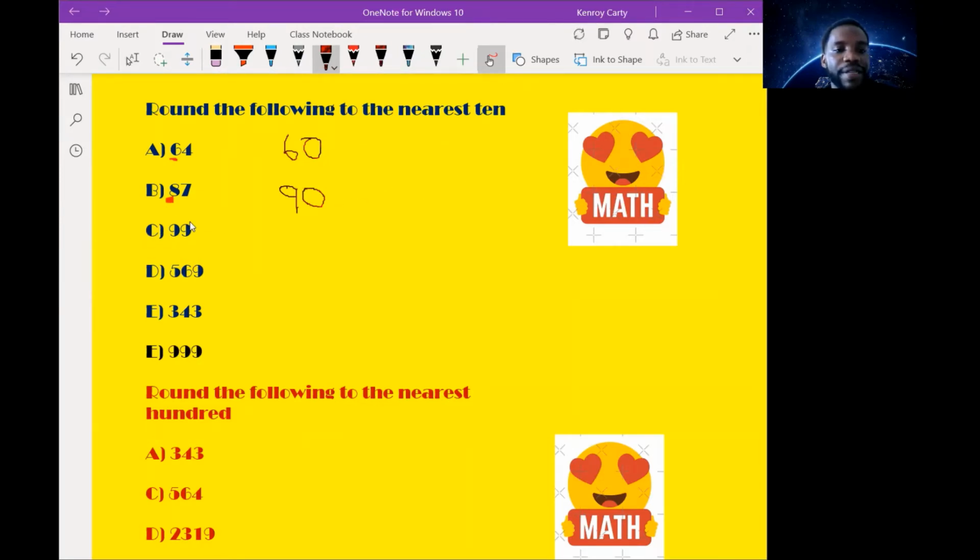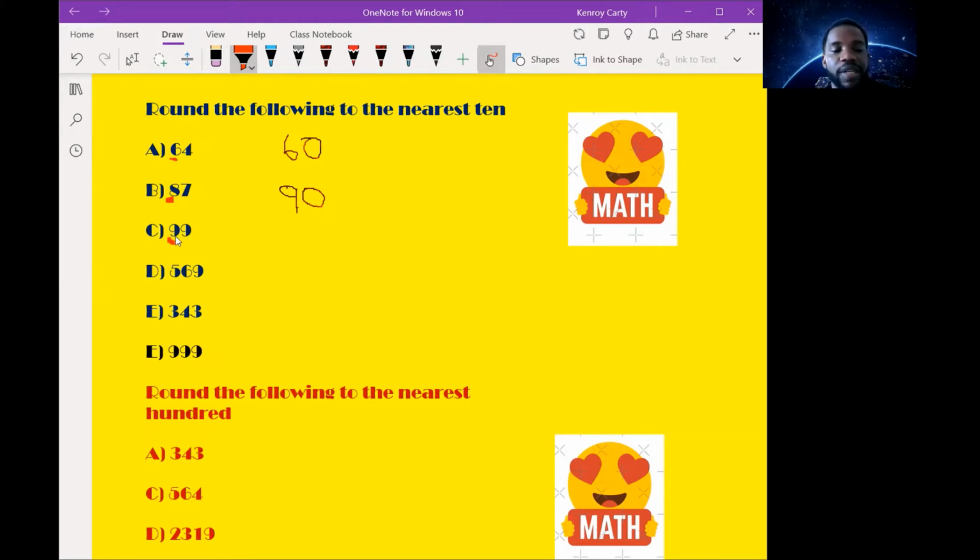Now, similarly, 99. And this one is interesting. 99, of course, is between 90 and 100. But let us use this method and see what happens. In the tens position, you have 9. You look at the number to the right, which is 9 also. And the statement says if it is 5 or above, we round the 9 up.